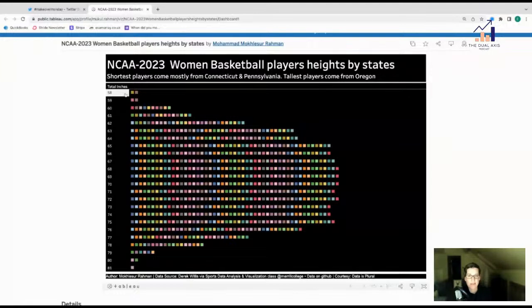For some heights, like 58 inches, there are only 2 players in that category. I don't think this is a valid way to approach it. Well, it might be valid, but I don't think it's very meaningful, and it puts far too much work on the audience to take information away from it, rather than giving me something that enlightens me. So with that, I'm going to finish up here.